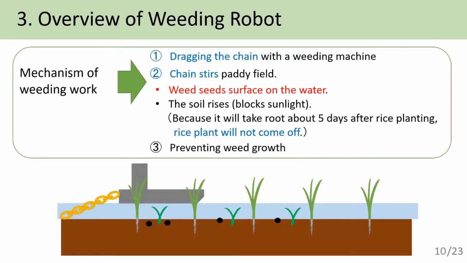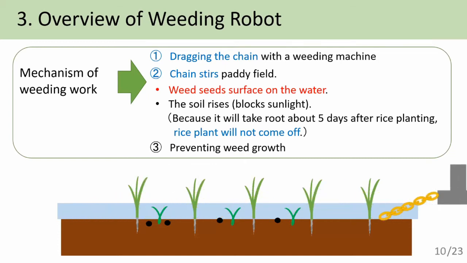Next, about the mechanism of the weeding work. First, tracking the chain with the weeding machine. Second, the chain stirs the paddy field. Therefore, weed seeds float on the water surface because they take root about 5 days after rice planting.